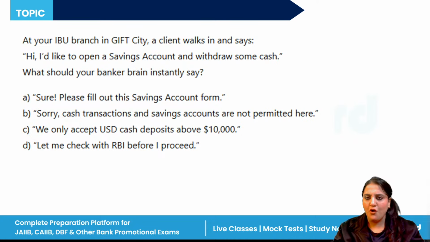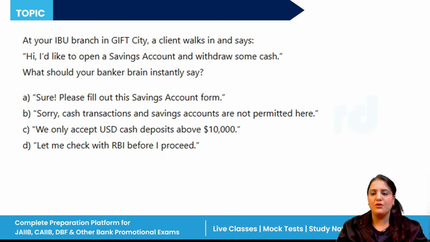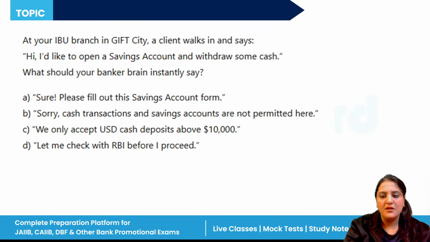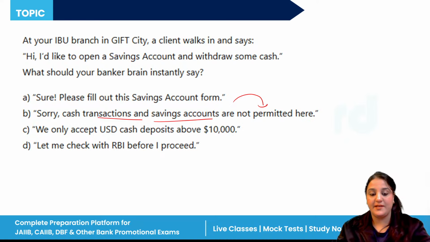It is more like a corporate and institutional banking zone, and no cash counters are there. They only deal in current accounts and term deposits. So the correct answer is simple: cash transactions and savings accounts are not permitted here. Right?